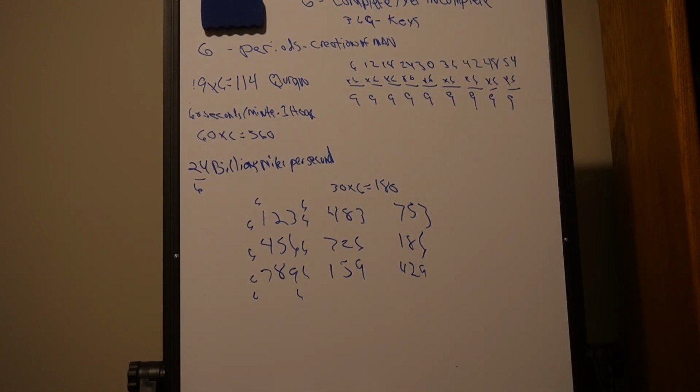The average man thought 24 billion miles per second. Once again, that's 6. When you look at the 24, you break 24 down, that's the number 6. The number 6.